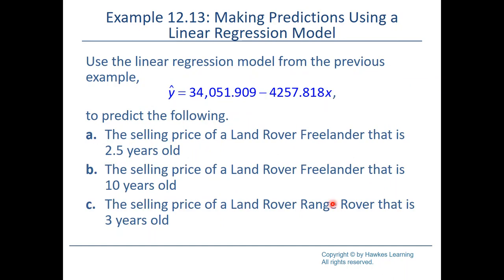So let's use that model to predict the selling price of Land Rover Freelanders that are a 2.5-year-old, a 10-year-old, and a 3-year-old. Okay, now you'll notice that this will be the selling price for a 2.5-year-old Land Rover Freelander and a 10-year-old Land Rover Freelander, and then on C it's a Land Rover Range Rover 3-year-old there.